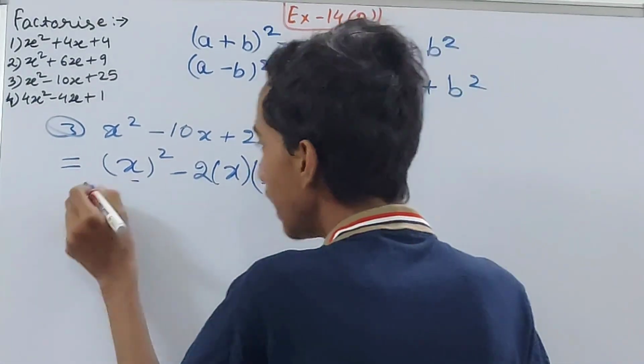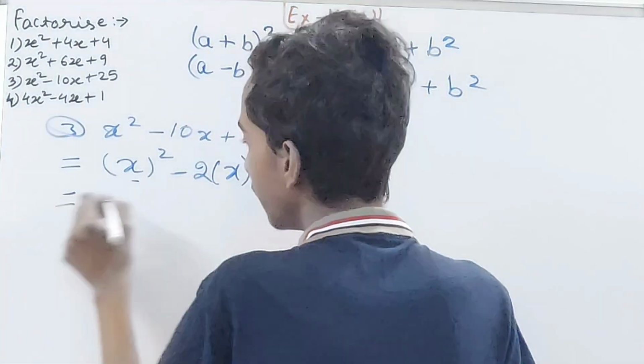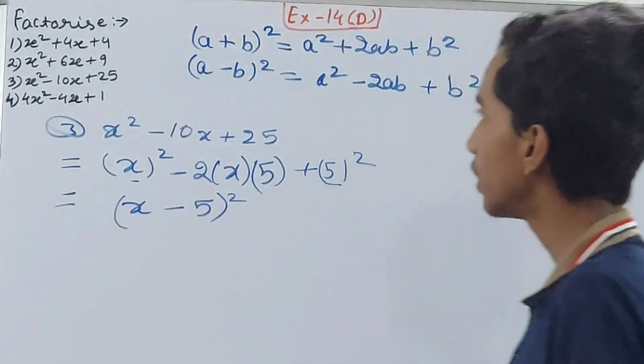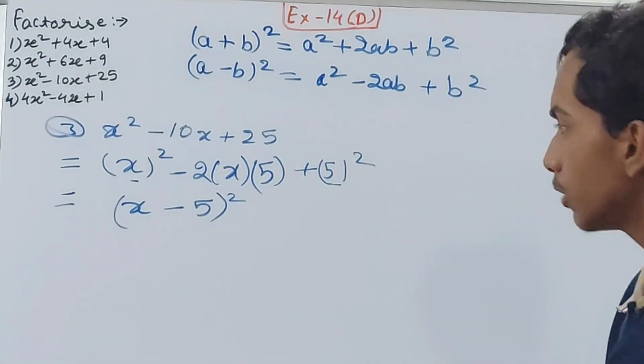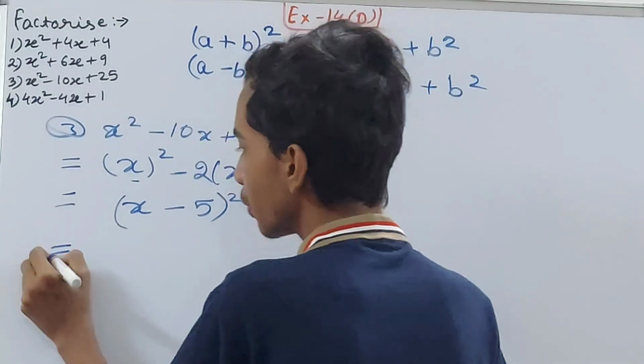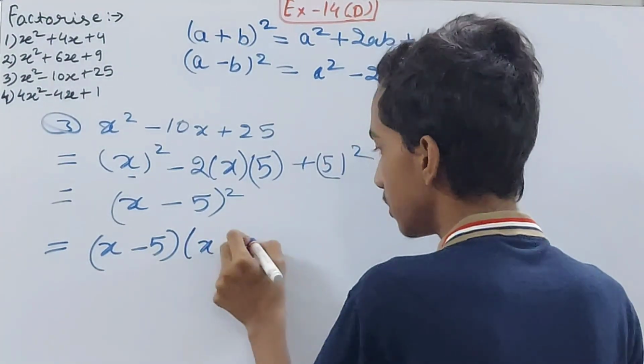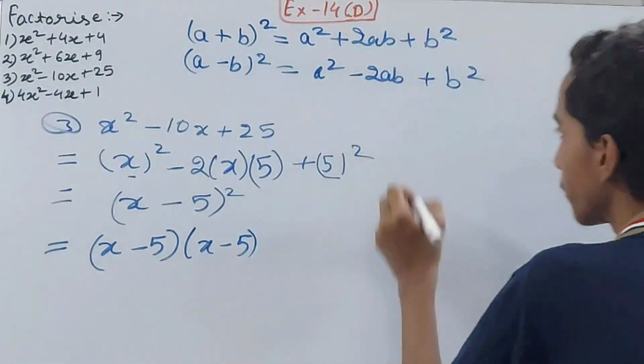Now you know a, you know b, take it out, x minus 5 whole square, because it is a minus b whole square. Now x minus 5 whole square, you can write as x minus 5 into x minus 5, right?